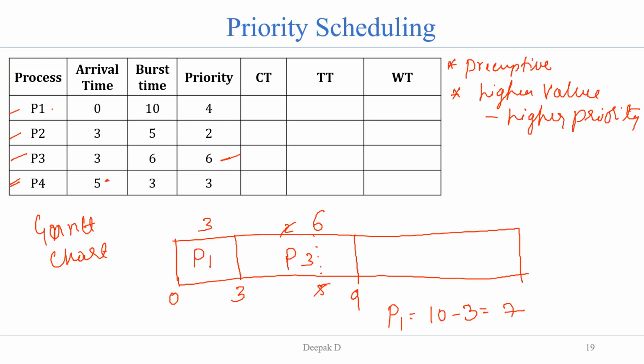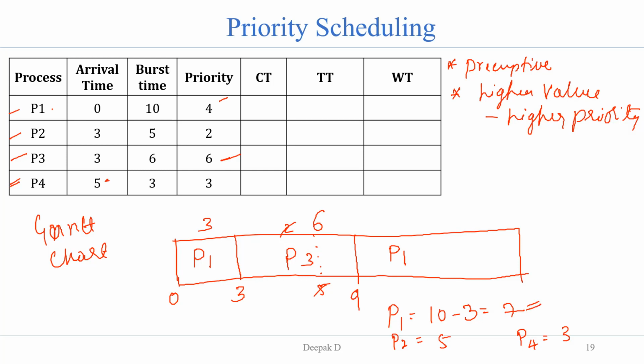What next? Now P3 is completed, P2 has a burst time of 5, and P4 has a burst time of 3. Among these 3 processes, which has the highest priority? The process P1. So P1 is given the CPU and it is executed for the remaining time.